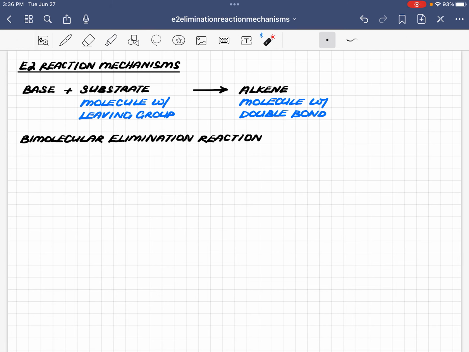We call it bimolecular because we're depending on the concentration of the base and the concentration of the substrate. So the rate of the reaction depends on two chemical entities.